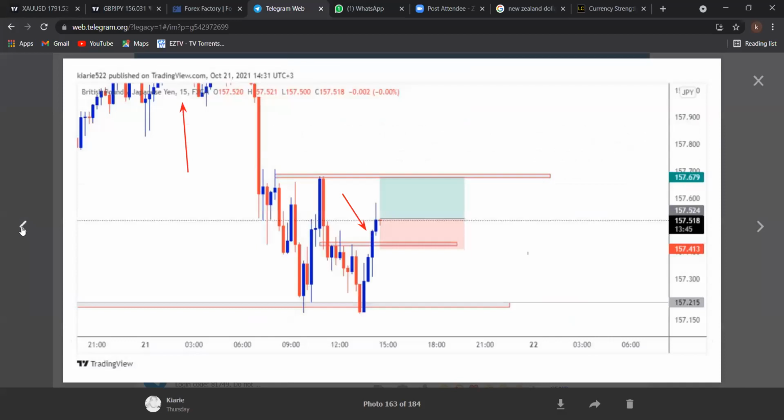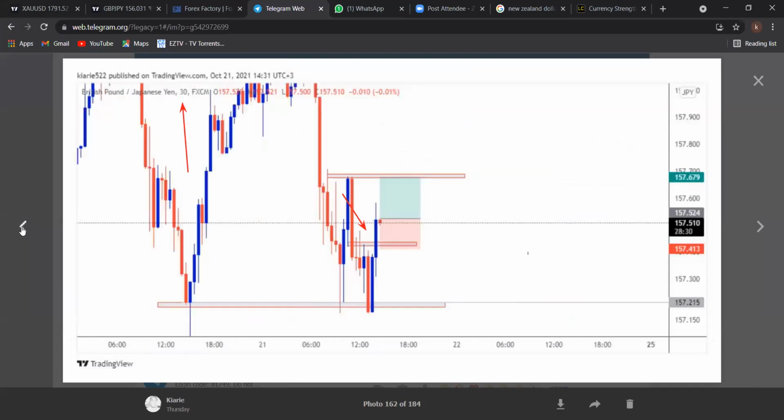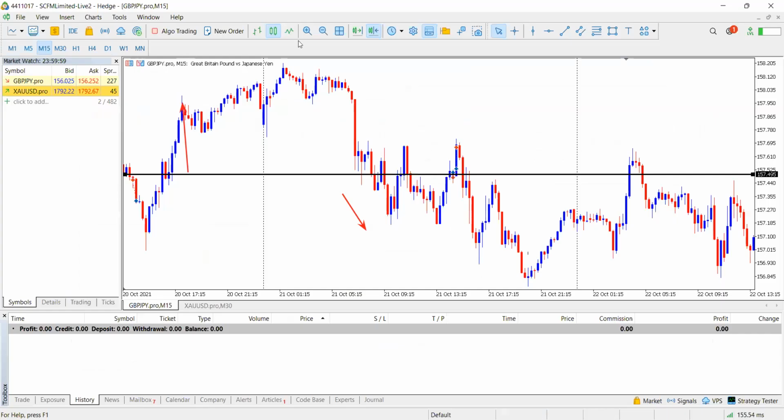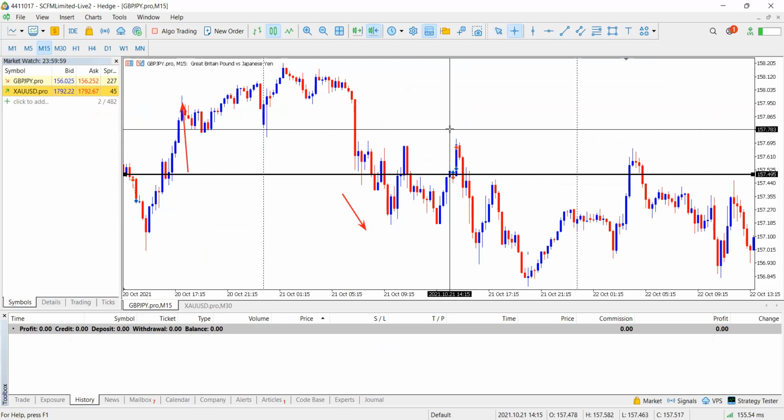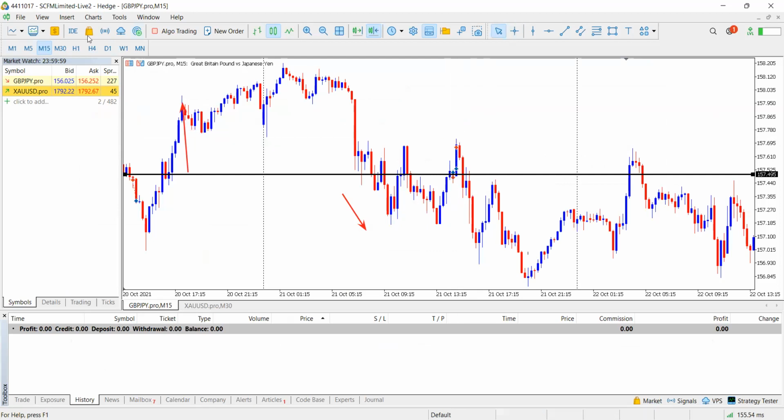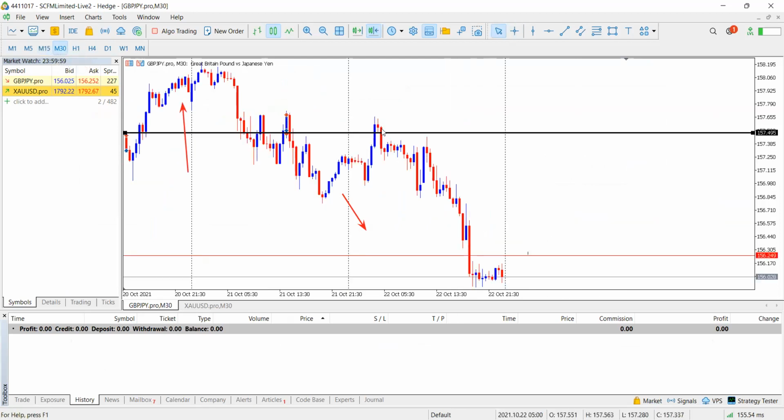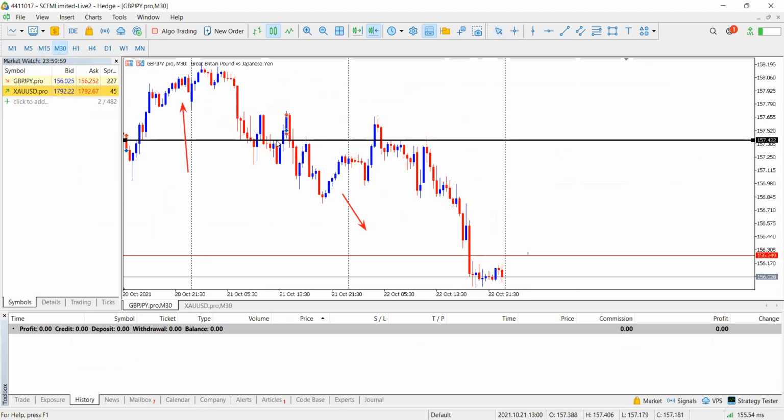Okay, I had to wait for this candlestick to close. This was the first M15 of the 30-minute candlestick. I had to wait for the 30-minute candlestick to close above the resistance, as you can see.